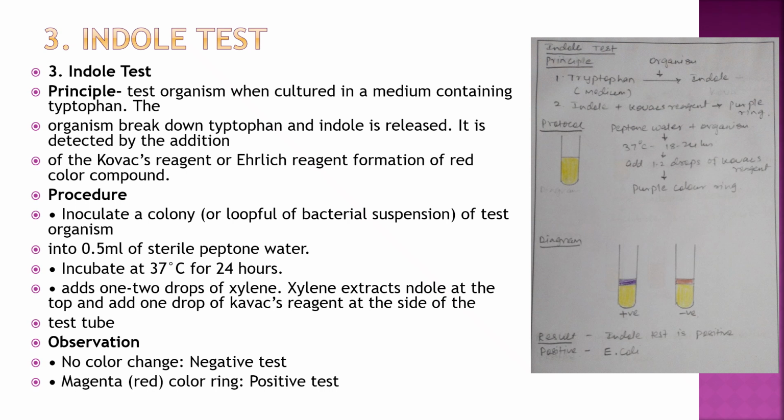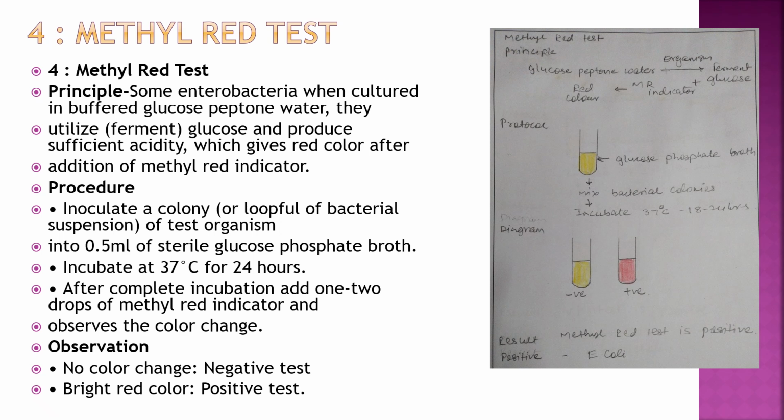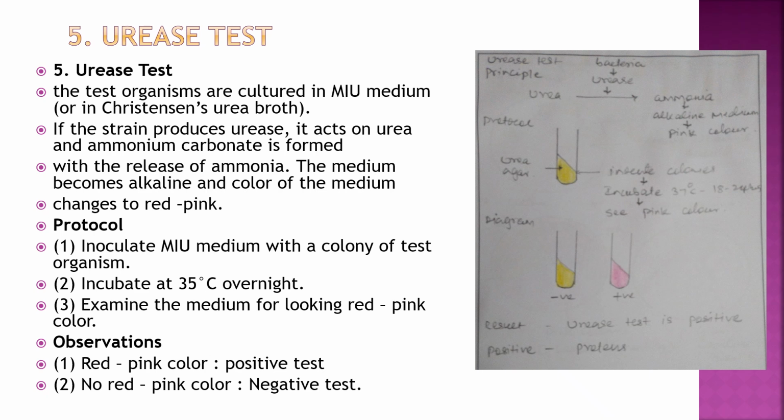The biochemical tests for gram-negative bacilli are IMViC: indole, methyl red, VP, citrate. In the indole test, you see a purple coloring in a positive test, seen in E. coli. In methyl red, you see a red discoloration, seen in E. coli. In the urease test, the yellow slant converts to a pink slant, seen in Proteus.